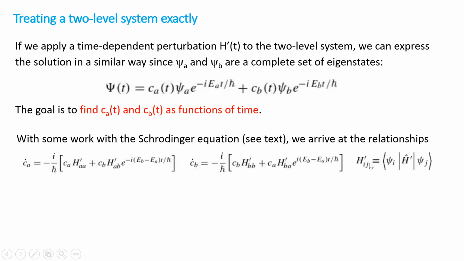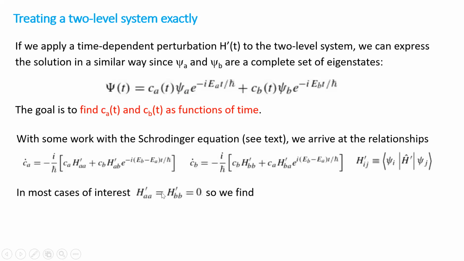Well, they're matrix elements of the time-dependent perturbation H prime between states psi i and psi j. So for example, H prime AA would be the matrix element between psi A, H prime, psi A, and H prime AB would be psi A, H prime, psi B, etc.